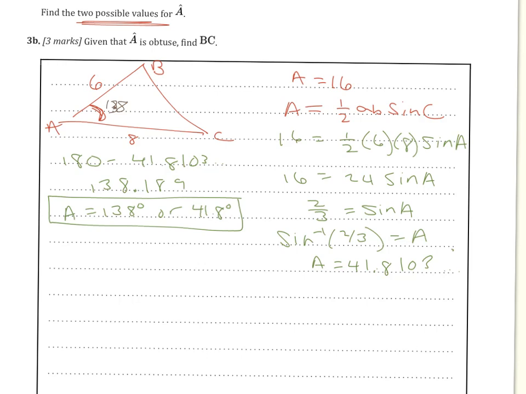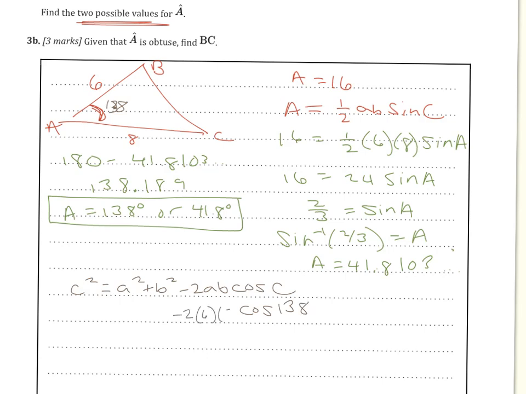I don't have a matching set of angle and side, so that puts me at using cosine rule. The angle that we know is 138 degrees, because we're assuming it's the obtuse one.